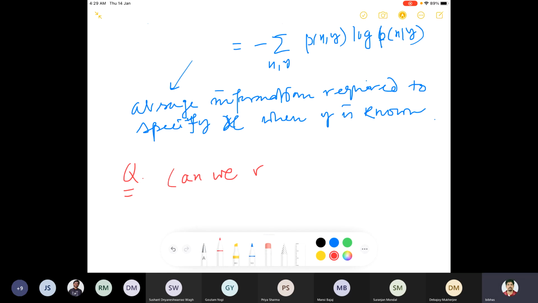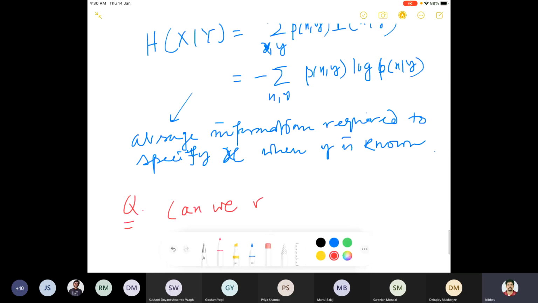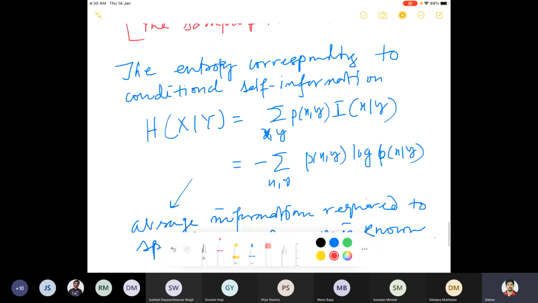This is the flow of all the definitions. We started with mutual information. From there we defined average mutual information. Then we talked about self information, then entropy. Then we talked about average information, which is defined as the entropy of the random variable X given Y.